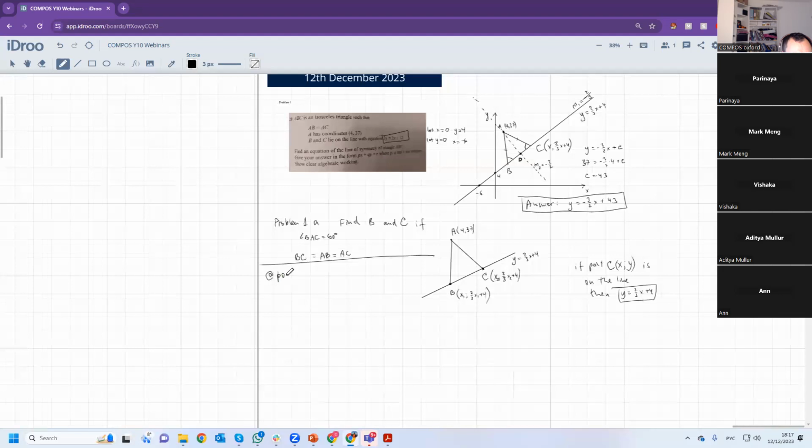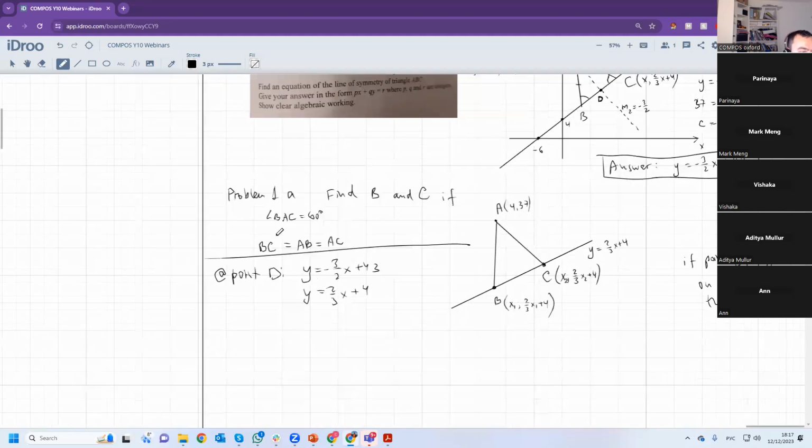So at point D, you have y equals -3/2 x plus 43, and you have y equals 2/3 x plus 4. So you can make them equal to each other, so find where they intersect. So -3/2 x plus 43 equals 2/3 x plus 4.